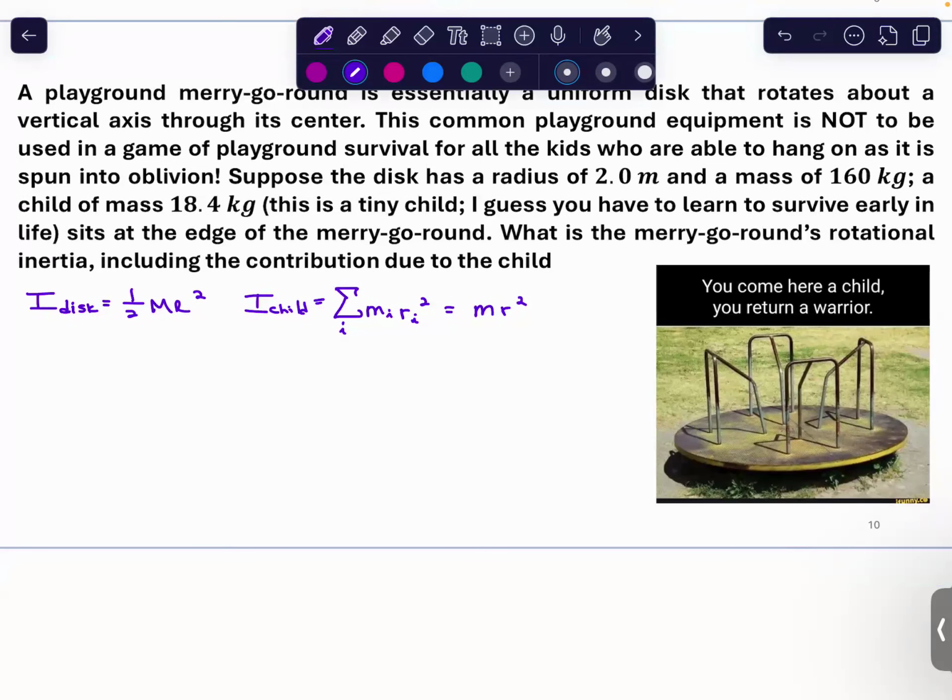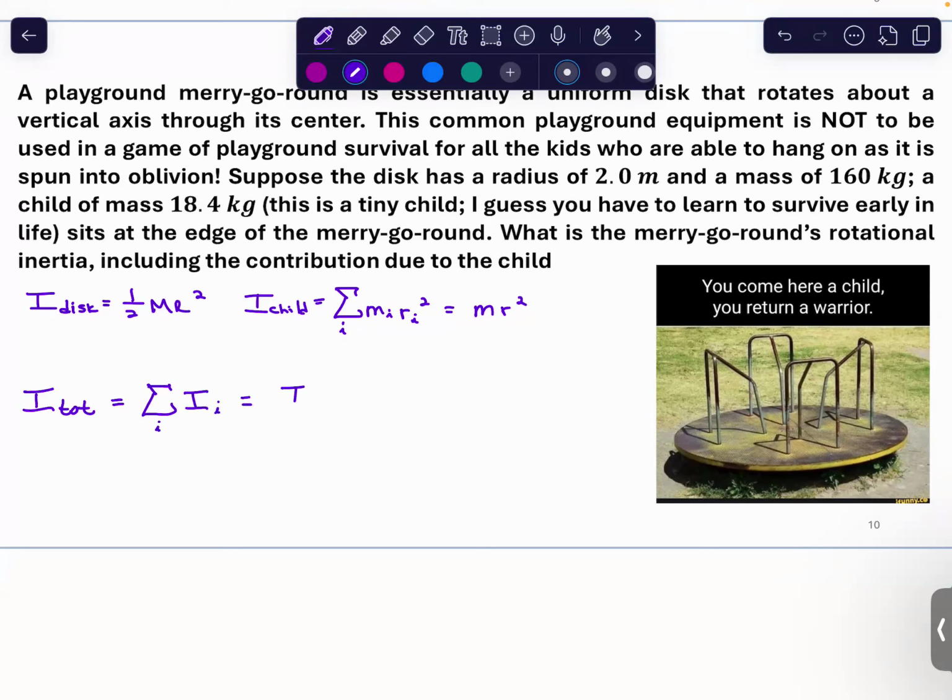So what we want now is the moment of inertia of the system, the total moment of inertia, which is going to be the sum of all of our moments of inertia.